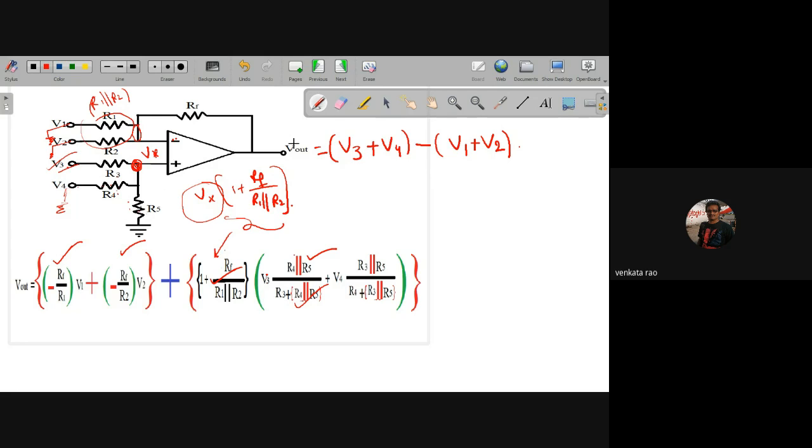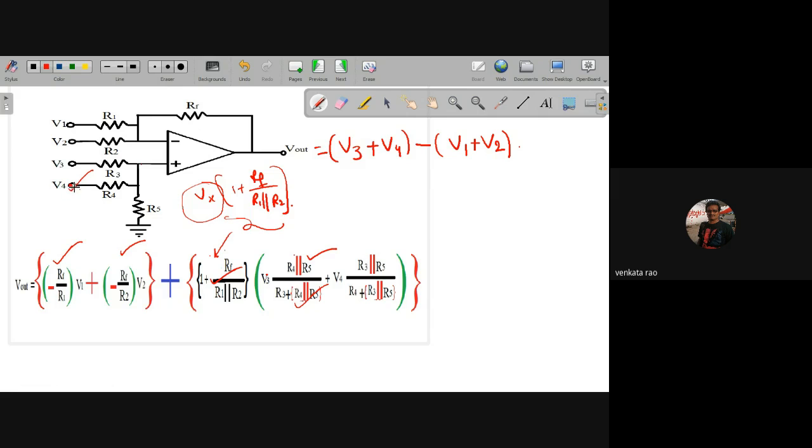Next, I am taking the last one active. Now V4 is active, the remaining are not. In that case, the same voltage Vx is here, and the output is 1 plus Rf by R1 parallel with R2, into Vx.